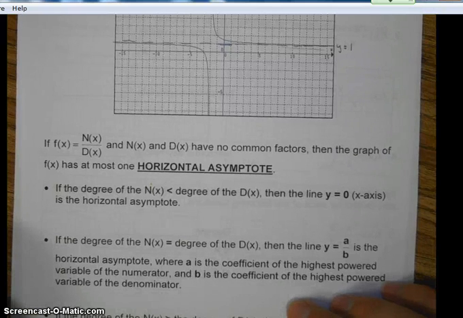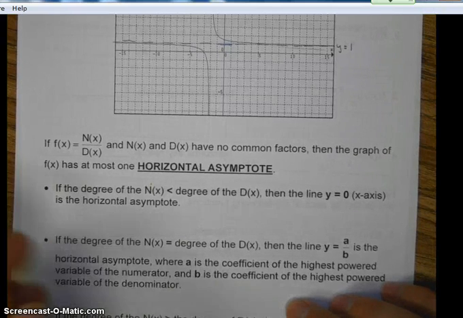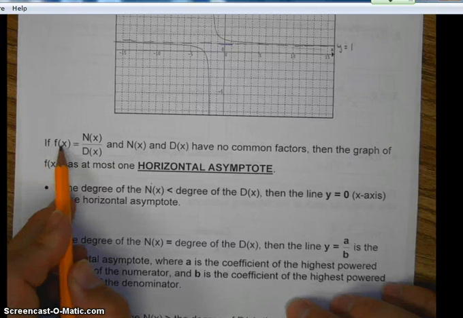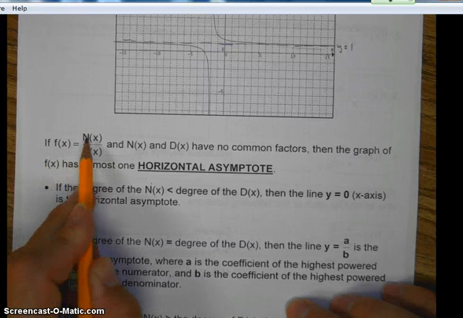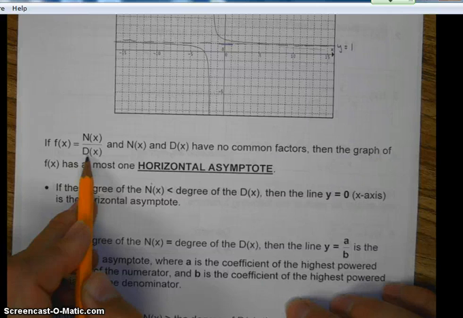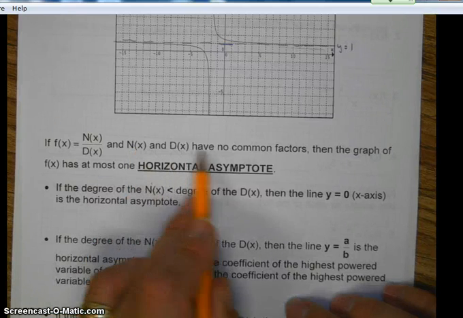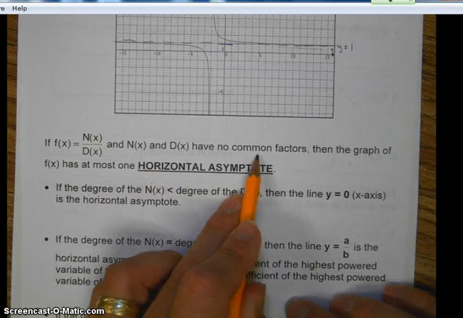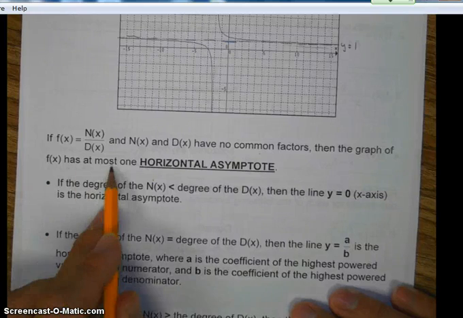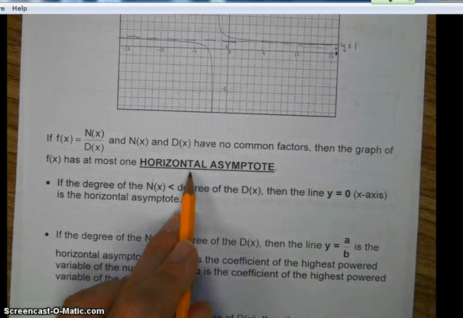I know you can read, but let's go through this. If f of x equals n of x over d of x, n for numerator, d for denominator, and the two polynomials have no common factors, then the graph of f of x has at most one horizontal asymptote.